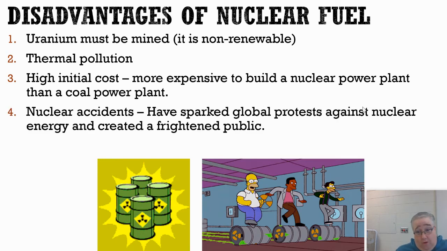Then finally, number four, and this is the one I think probably keeps us from producing a lot more nuclear power plants in our country and around the world, is the potential for accidents. Accidents have happened. There's only been a couple major ones around the world in the last 40 or 50 years, but they do cause quite a bit of panic.